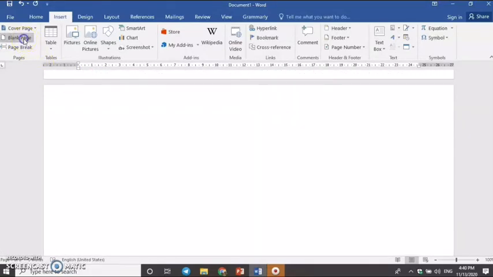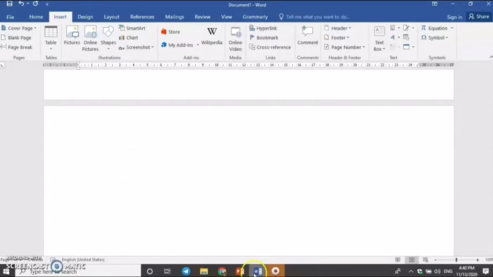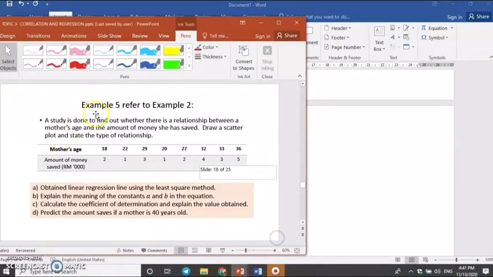Okay, whatever it is. From the example 2, previously, now it is example 5, right? So kita sebenarnya menggunakan data daripada example yang kedua.